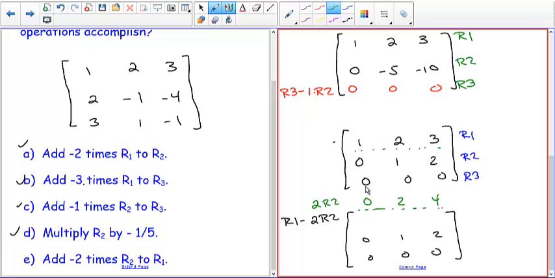So 1 minus 0 is 1, 2 minus 2 is 0, 3 minus 4 is negative 1, and I'm done. What happened here is I got 1s mostly on the diagonal, and I got a lot of 0s, and that's the whole idea: to get as many 0s and 1s as possible in specific locations.